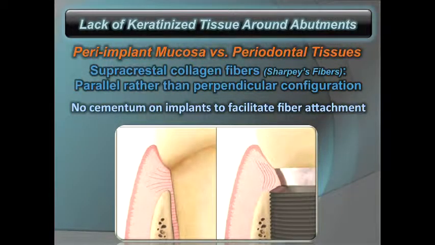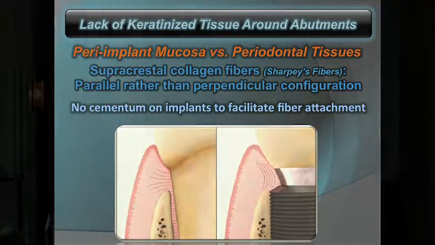Now let's talk about the keratinized tissue. I know that it goes to the realm of periodontics, and I'm sure that Basil is going to talk about that a little bit more. But here, I need to mention this difference between implant and natural dentition in terms of the connection to the soft tissue around that.